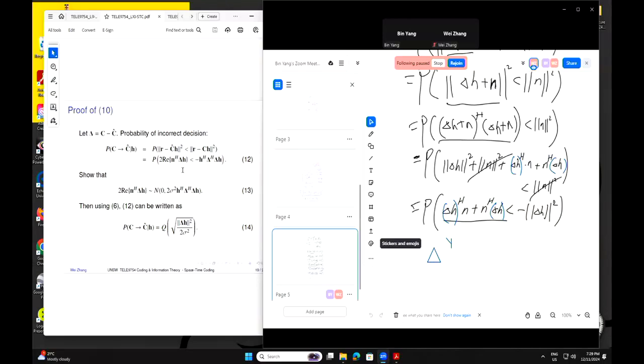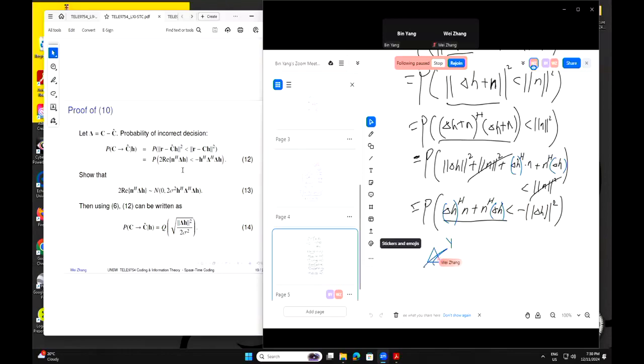What's wrong with that? Does not work. It does not work.